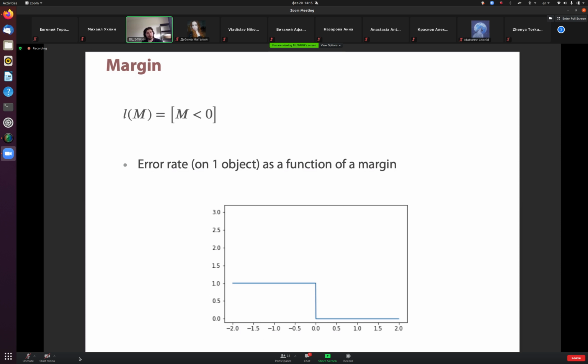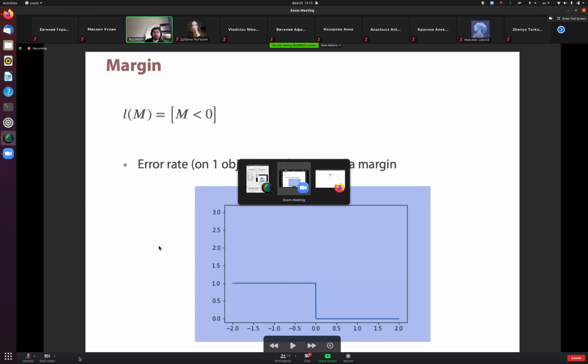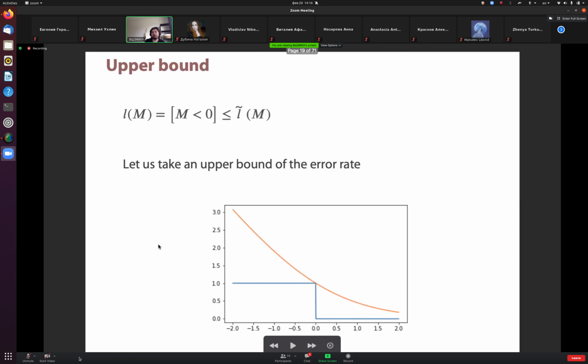The usual way to deal with such problems, when you would like to minimize something but it's not a very good function, is to minimize an upper bound on it. So here we could suggest some upper bound, which would depend on m and would be a smooth function. Okay, for example, this one.